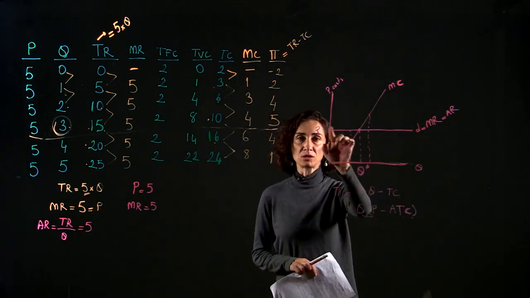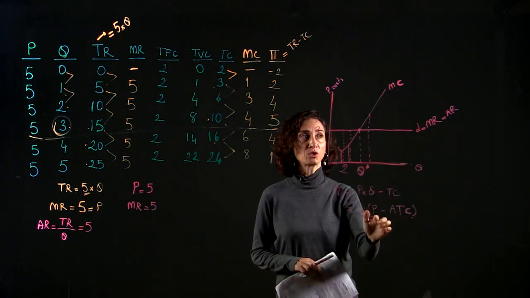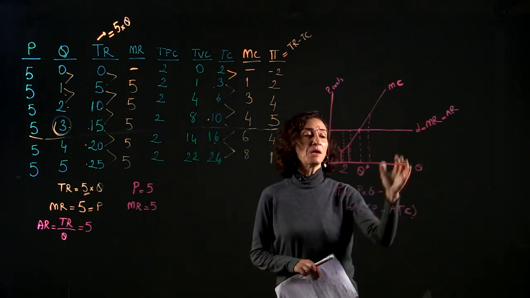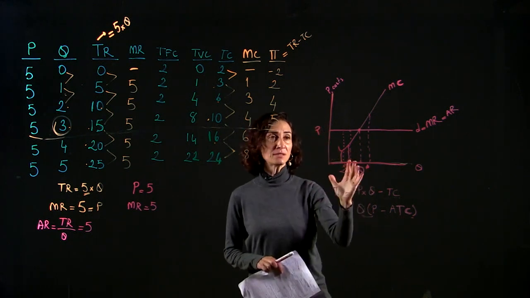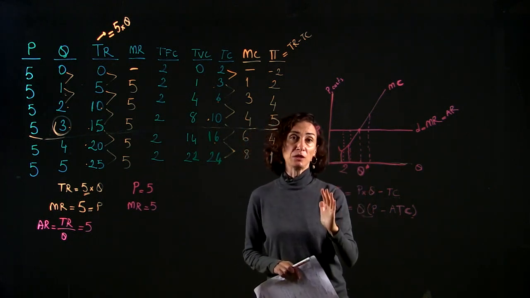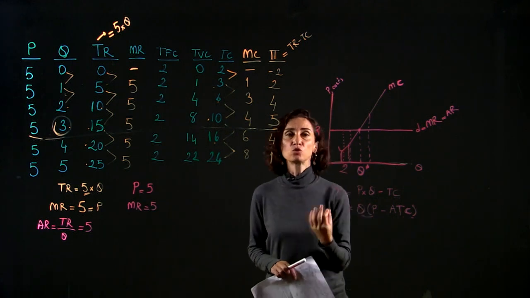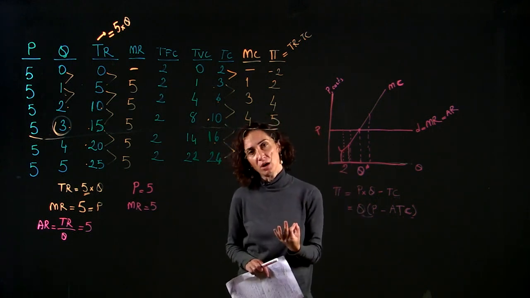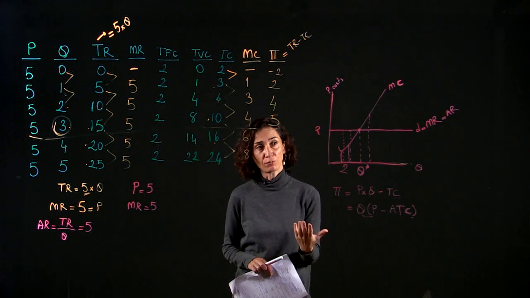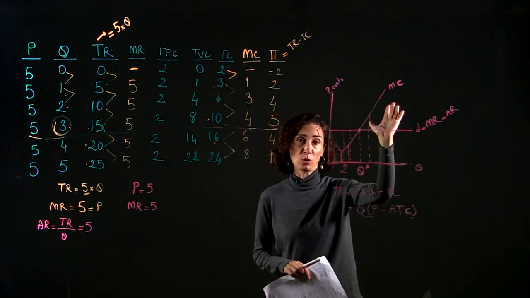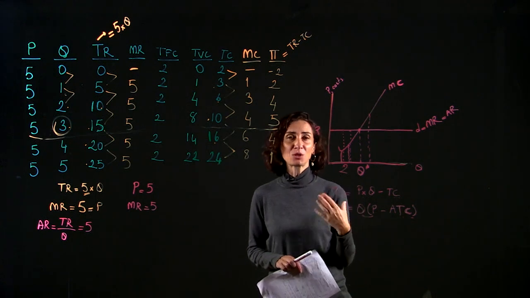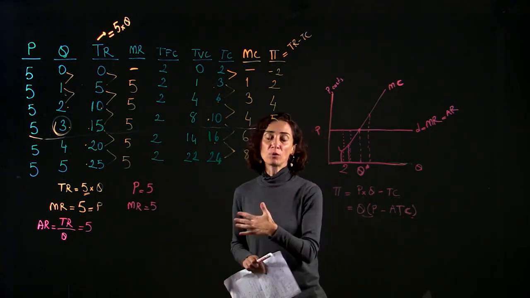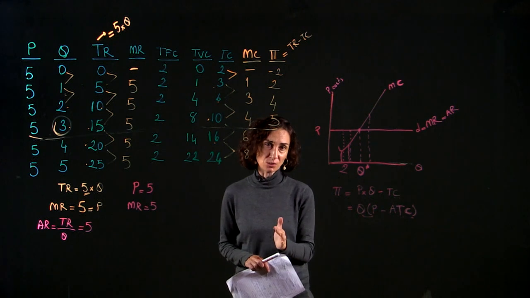We have price on this curve. Price, which is also average revenue, right? We only need average total cost curve. So here is what we do. On a graph, to show the profit maximizing quantity, this is true for any firm, if you have these curves, though. As we will see later, you cannot have these curves for firms in some market structures.